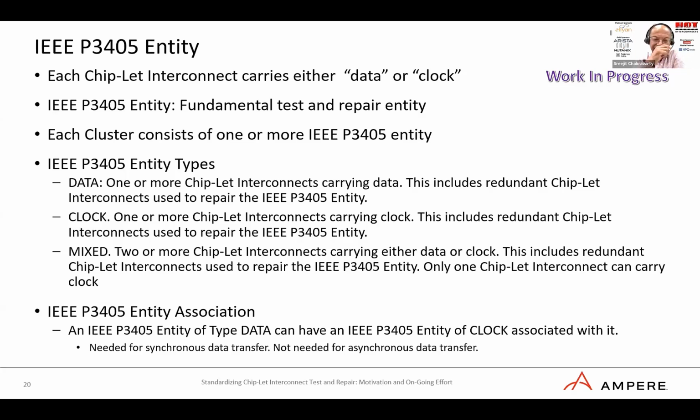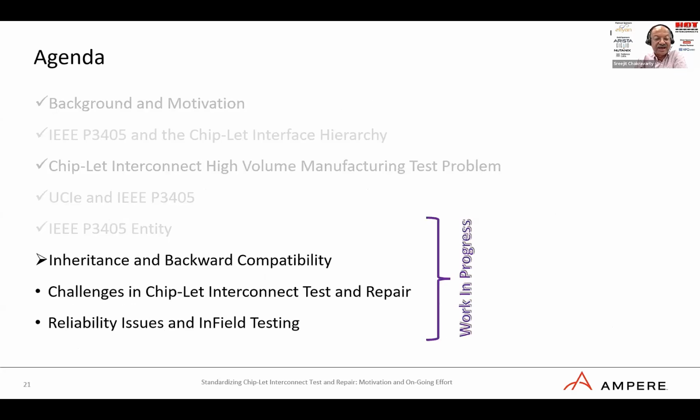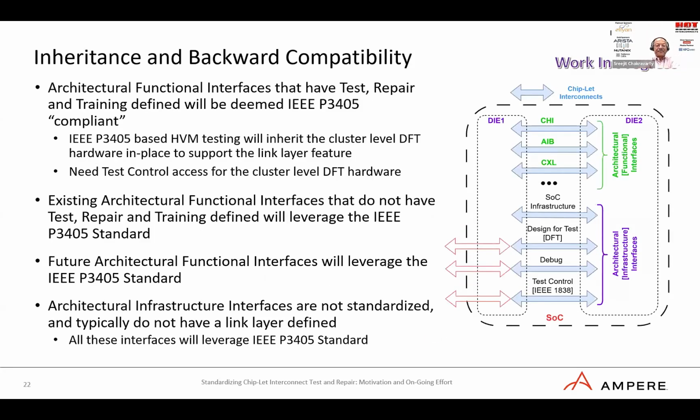So if you have not worked in this area, it is difficult to understand this concept. It's a very simple concept. Okay, but let's see why we are doing that. So one of the things we want to do is this: if you are already using a certain link layer, let's say UCIe or some other link layer architectural protocol that already has the repair defined as part of that protocol, we don't want you to go back and change that as part of the IEEE 3405.